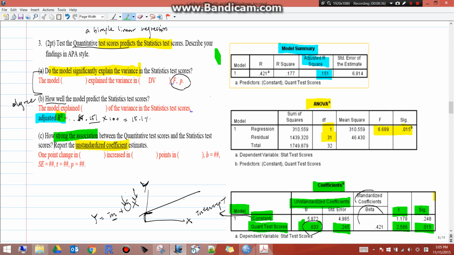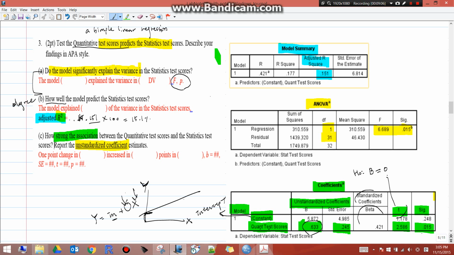So what does that mean? The null hypothesis of these t statistics is that the coefficient, our beta, is equal to 0. That means the slope or the effect of quantitative test scores is 0. That is our null hypothesis.